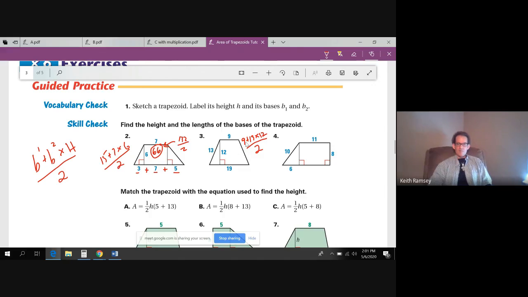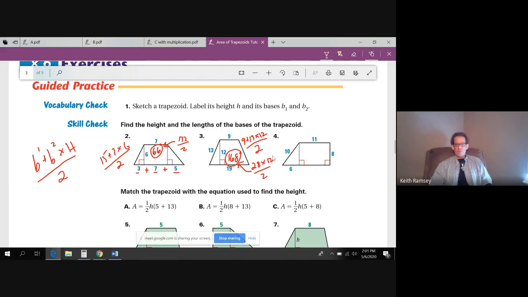So if I did 9 plus 19, I'd get 28. So I have 28 times 12. And then I want half of that. So let's see what that is. 28 times 12, I've got 336, divided by 2 is 168. I'm going to say 168 is my answer for the area of that trapezoid.